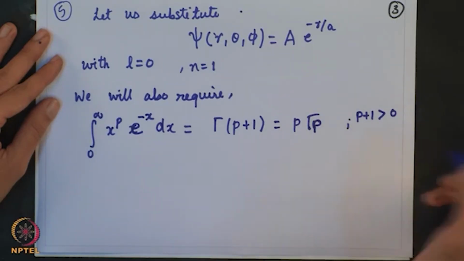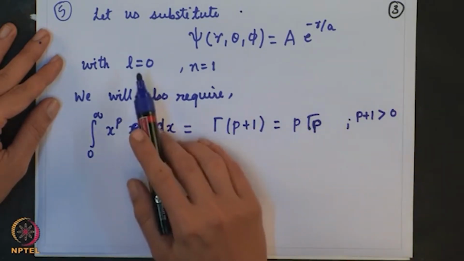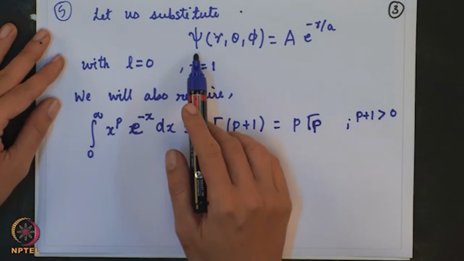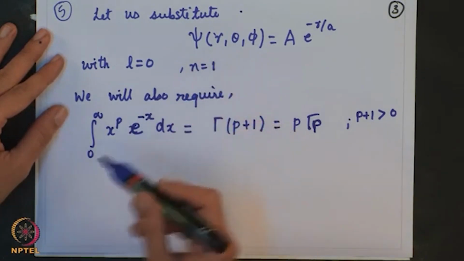So this is what we are going to use. We will try to evaluate or substitute the wave function for the ground state.